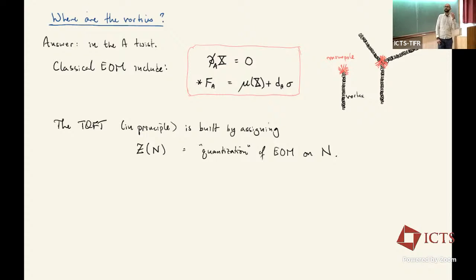This is classical. So these are the classical equations of motion in the A twist. The TQFT functor, in principle, is built by looking at what sort of manifold with boundaries and corners, et cetera, we want to throw into the TQFT functor, solving the equations of motion on that manifold and quantizing that space of solutions.